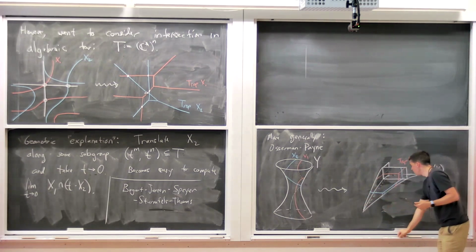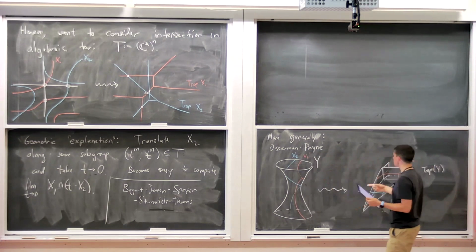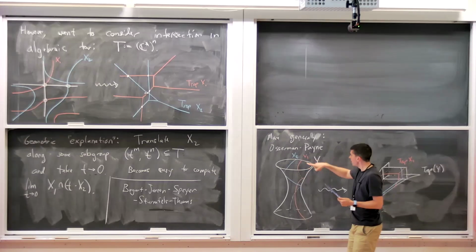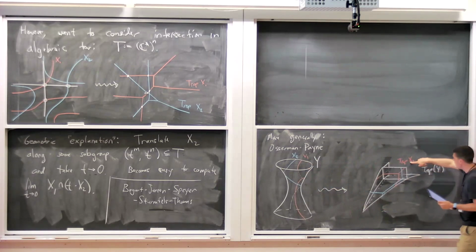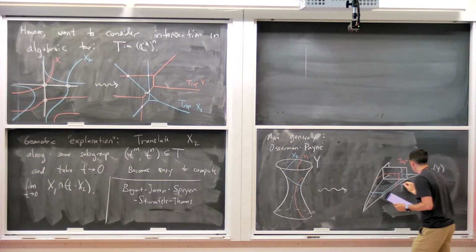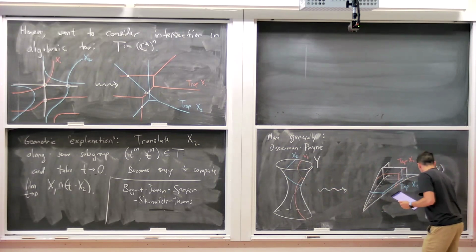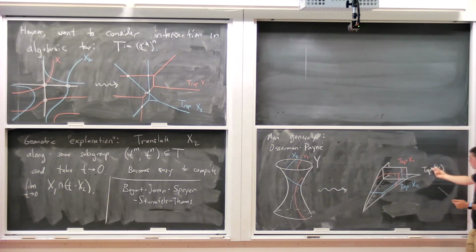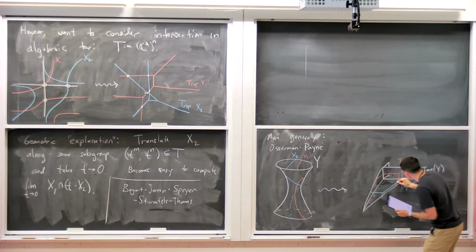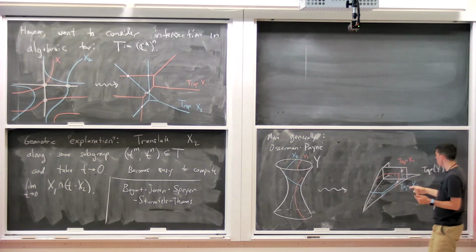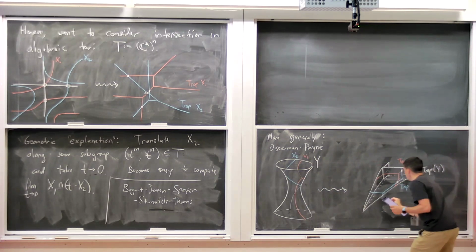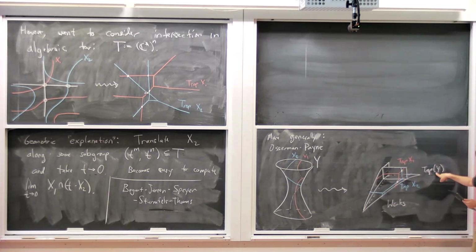Okay. But what Osserman-Payne says is that you can still calculate the intersection of X1 and X2 by calculating the intersection in trop Y of trop X1 and trop X2. You count them up with multiplicities. I've got a couple of intersection points I see here. And everything is fine. Everything works just the same, provided that this intersection takes place inside the smooth locus of trop Y, right?